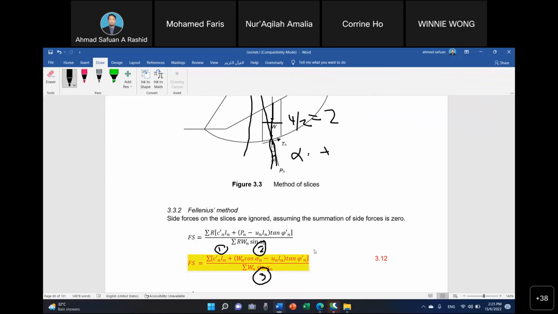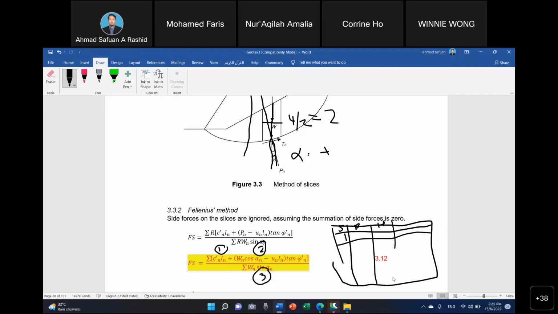Because at the end, to solve the method of slices, it is better for you to use a table and put all the information here, starting from the slice number 1. Then normally we use B, from there we can get the H, so then we can get the alpha, until we get all the information.